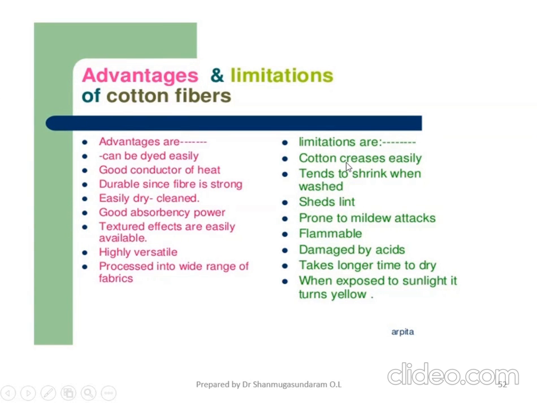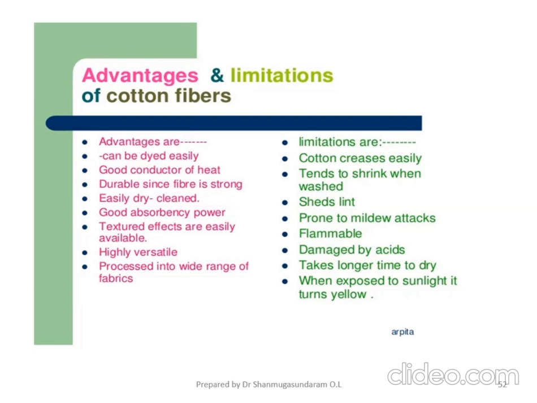The limitations are cotton tends to crease easily. Crease means whenever you wear cotton fabric, it tends to crease. Crease is nothing but your wrinkle property. So that is the reason why we are mixing cotton fiber with polyester fiber to remove the creases.